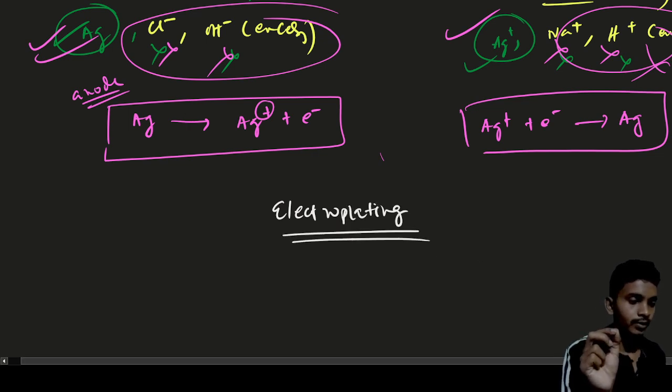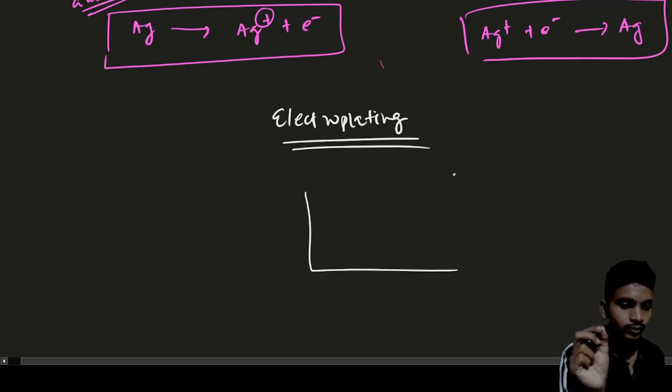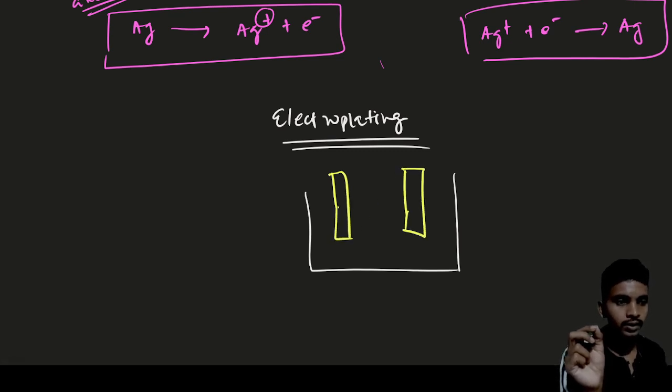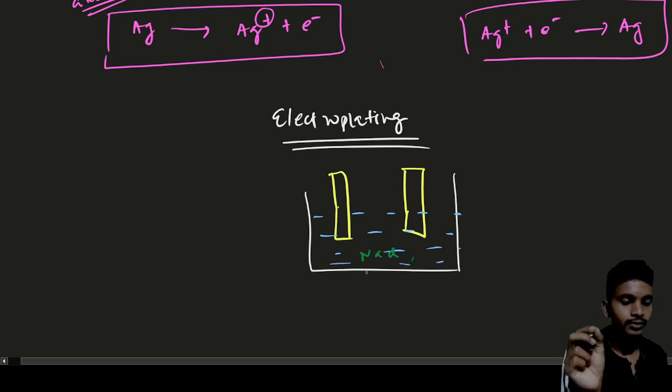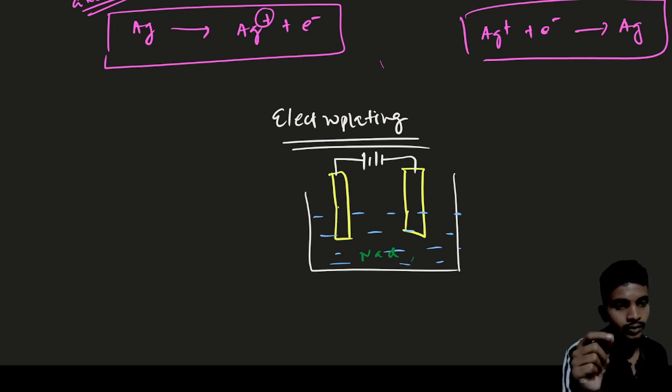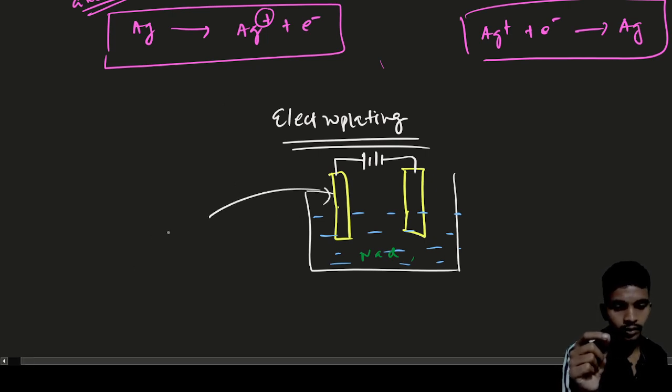What happens in electroplating? If you have two rods, with any electrolyte, let's say NaCl or whatever you take, and you connect them to a battery, then the electrode rod is impure.